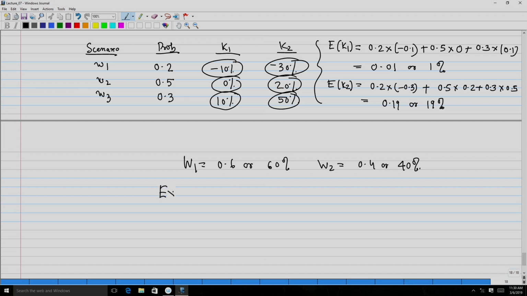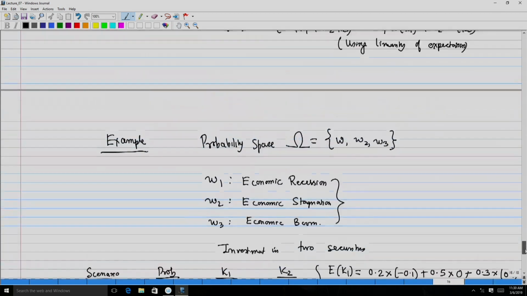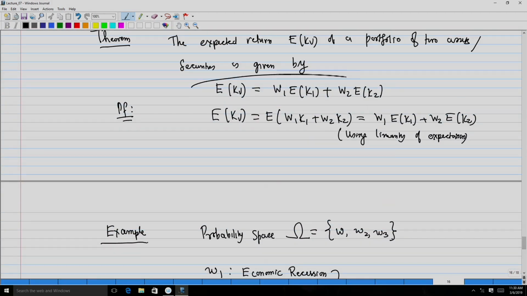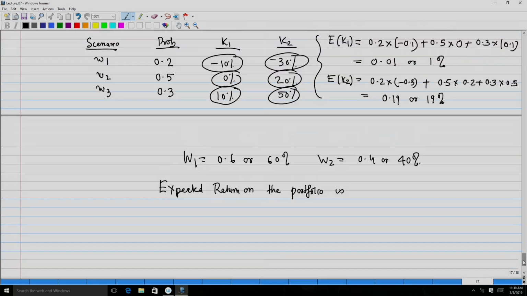Then the expected return on the portfolio is, you make use of this formula that the expected return is going to be the weighted sum of the individual expected returns. So accordingly, the expected return on the portfolio E of KV, which is the weighted sum W1 E of K1 plus W2 E of K2.